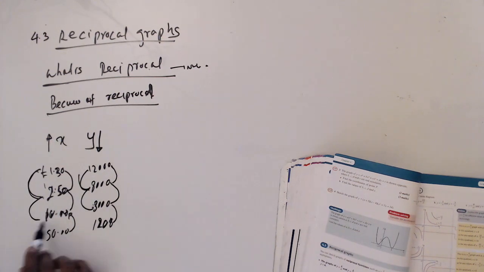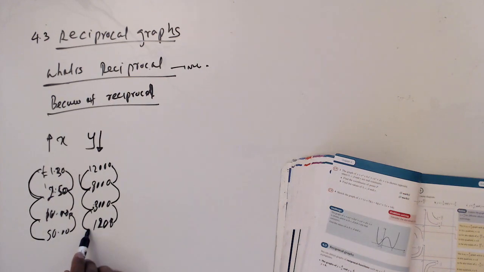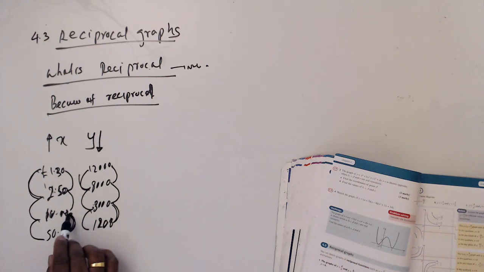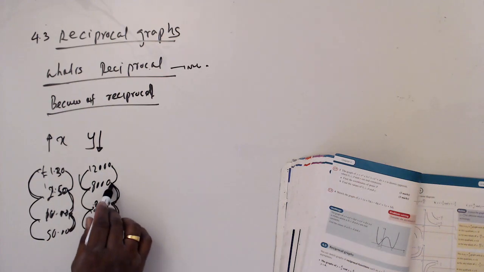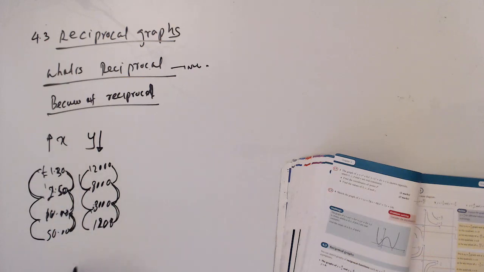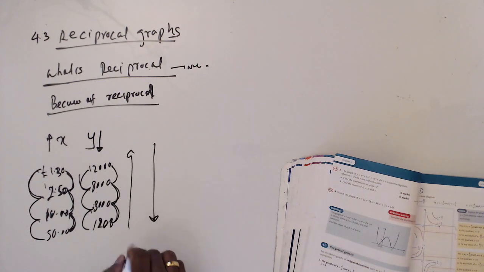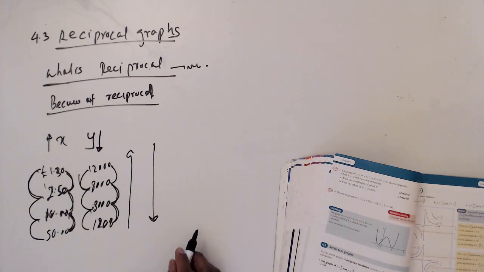Increase, decrease, increase, decrease. Right? When this is decreasing, this is increasing. So likewise, one is increasing, the other is decreasing. This is the idea behind the reciprocal.